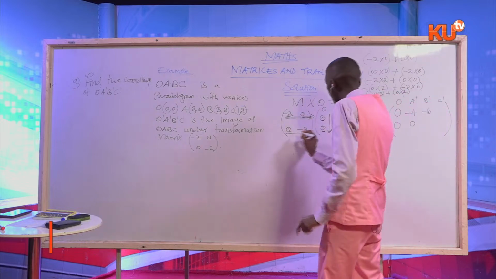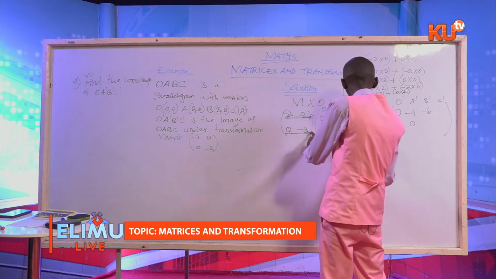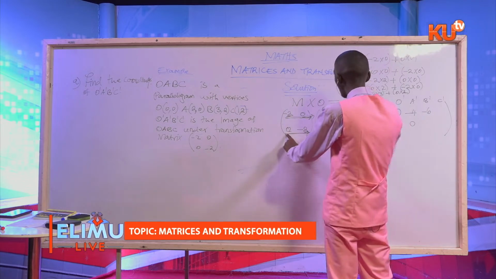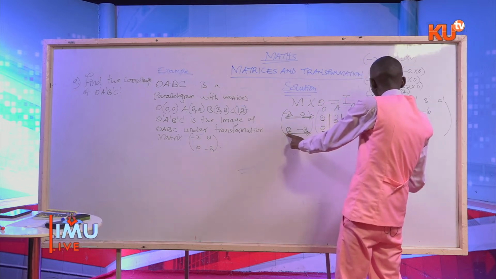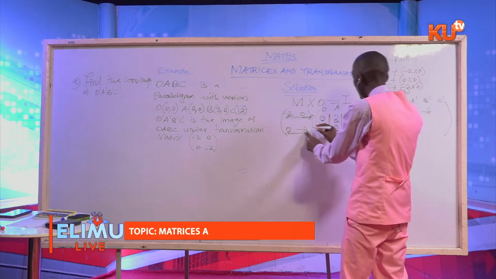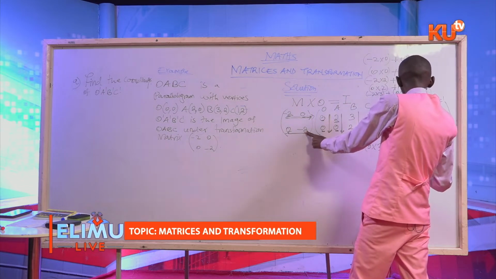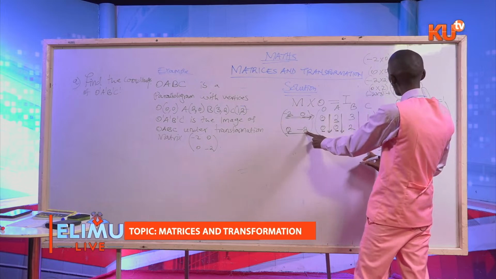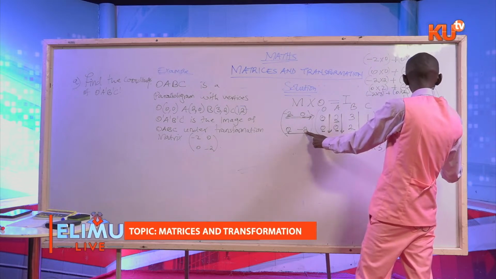We go to the second row. Second row, third column will have 0 times 3 plus negative 2 times 2. That is 0 plus negative 4, which is negative 4.